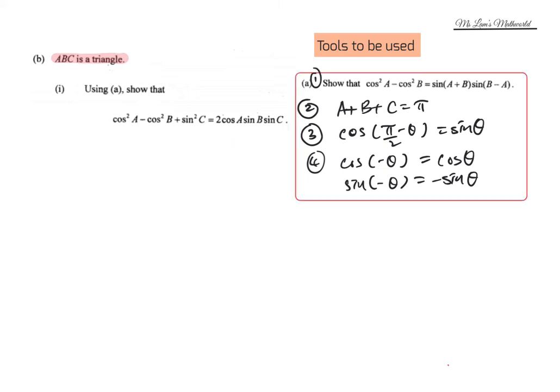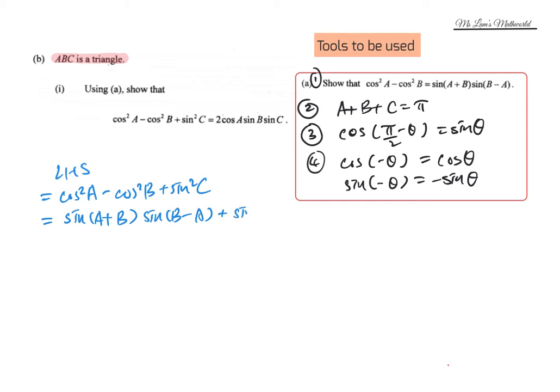So let's start the calculation. First, of course, it is much easier to start with the left hand side because you can see this one is exactly the same as part A, and we can substitute at once. So substitute. You will get this one.